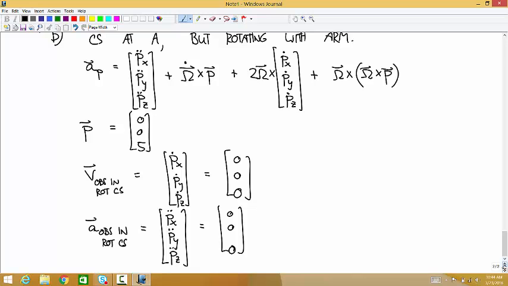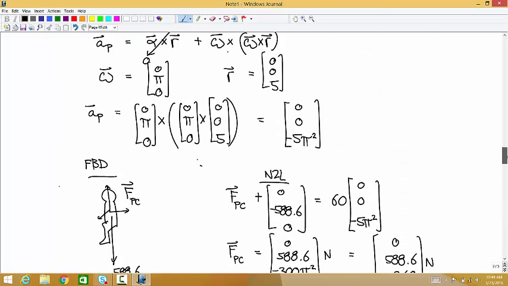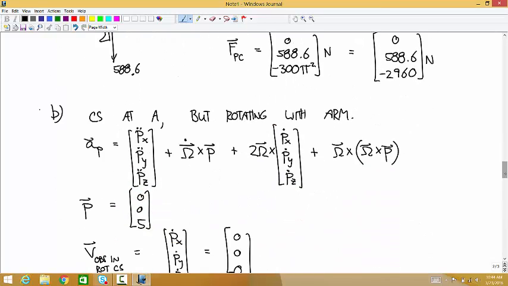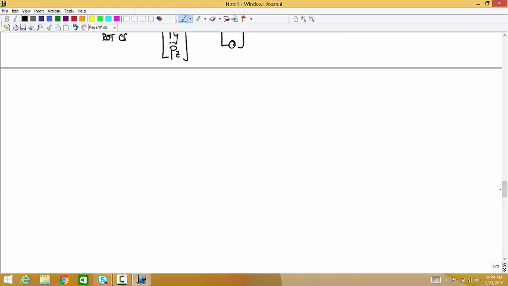Okay. What else do we need? We need the angular velocity of the coordinate system. So what's the angular velocity of the coordinate system according to something fixed? 5 radians per second. Yep. And in about what axis? Yep.